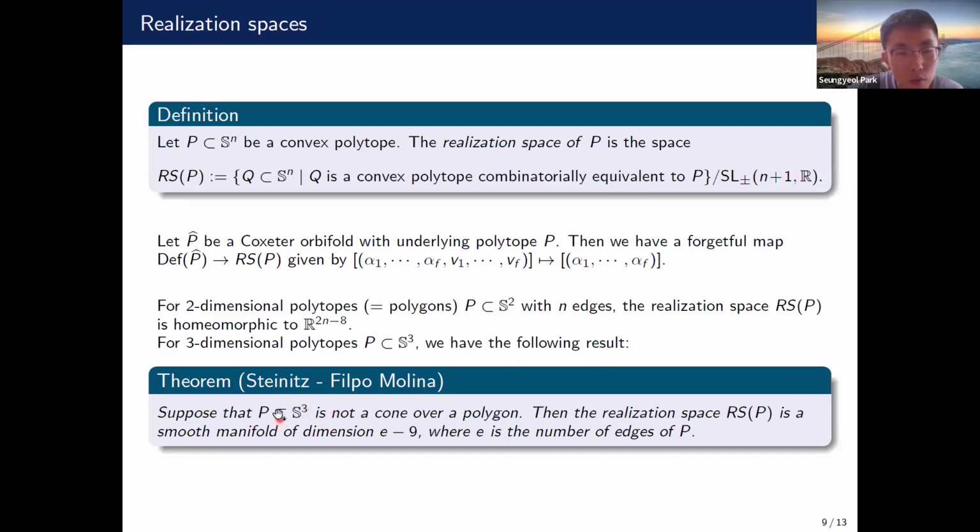If our polytope is 3-dimensional, then the realization space can be proved to be a smooth manifold of dimension e minus 9, where e is the number of edges of this polytope P. So we have a smooth structure on this target space, the realization space of P. And to study the deformation space using that information, we have to consider the fibers of this map.